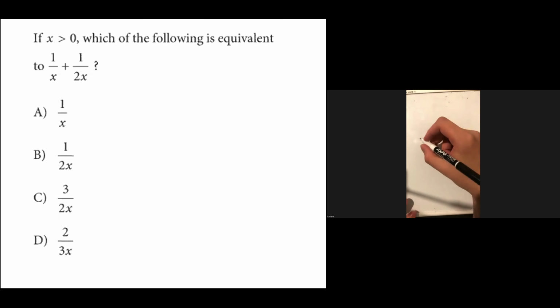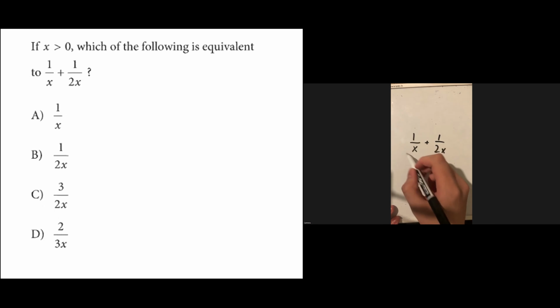So what we have to do is multiply this first part by 2. For example, 1 over 2 is the same thing as 2 over 4. If you multiply both the top and the bottom by the same number, it still gives you the same thing. We just have to apply that here.